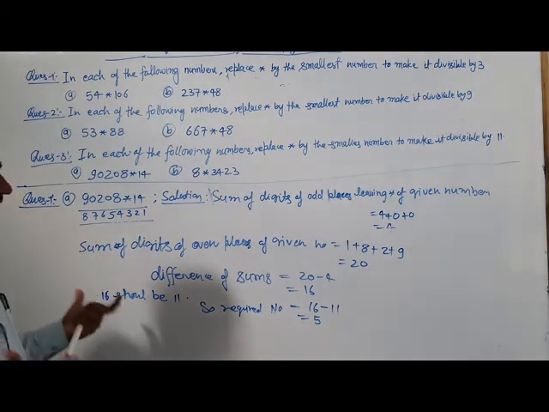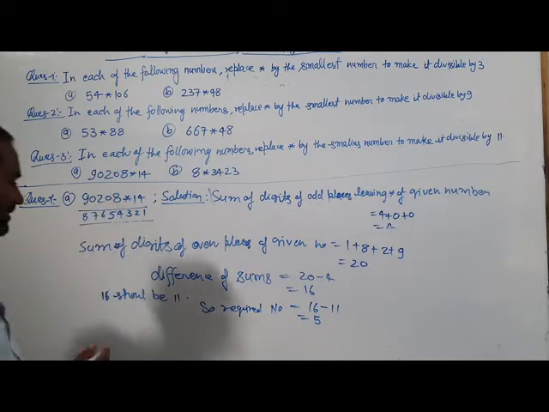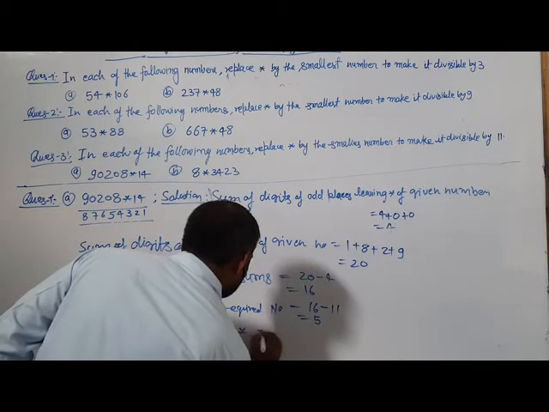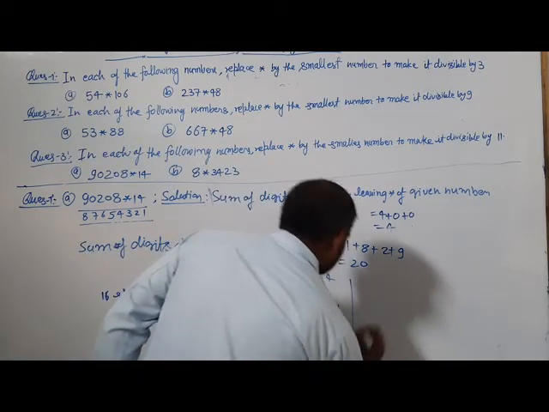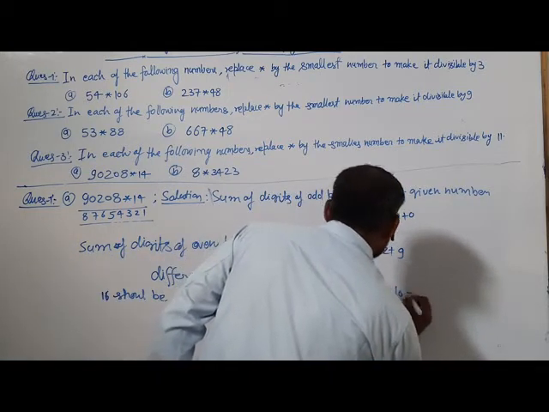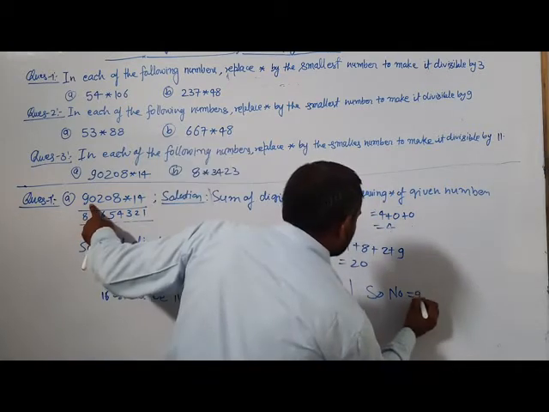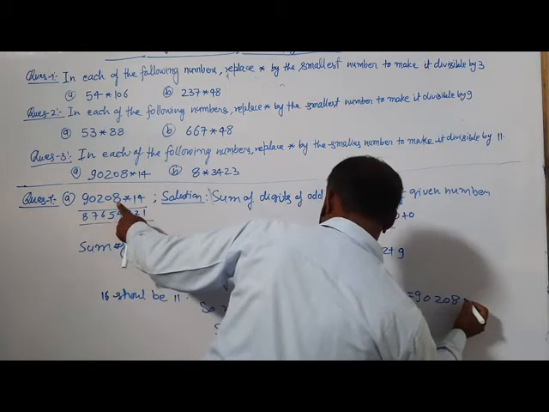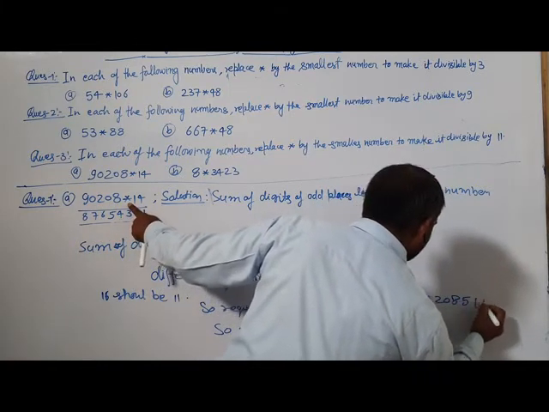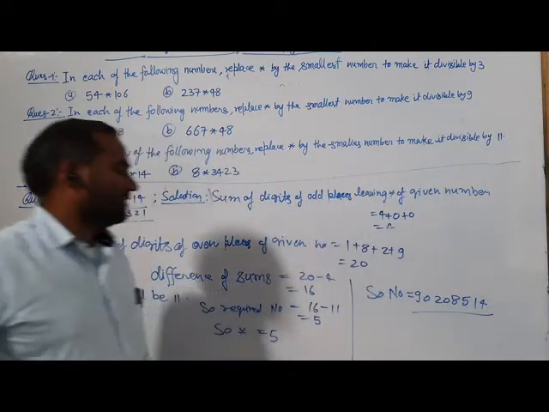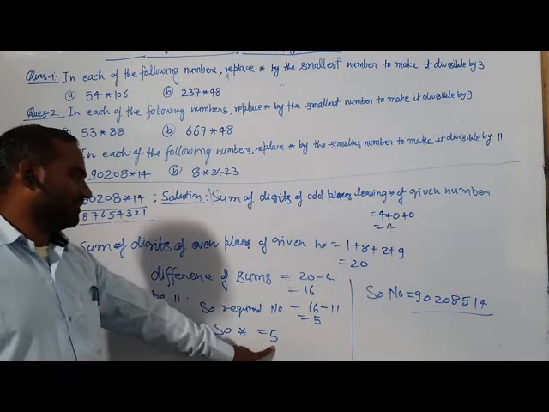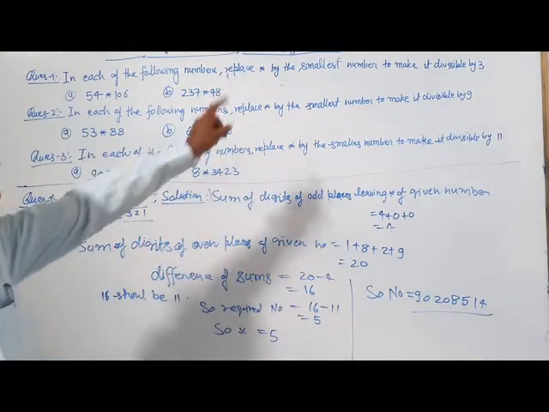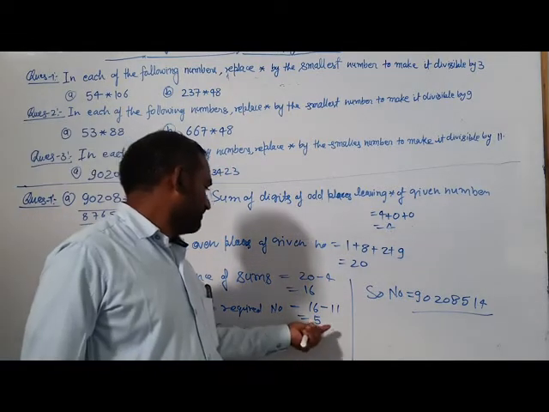So star is equal to 5, and the number is 9 0 2 0 8 5 1. So the required number is 5, because when we subtract 5 from 16, we get 11.